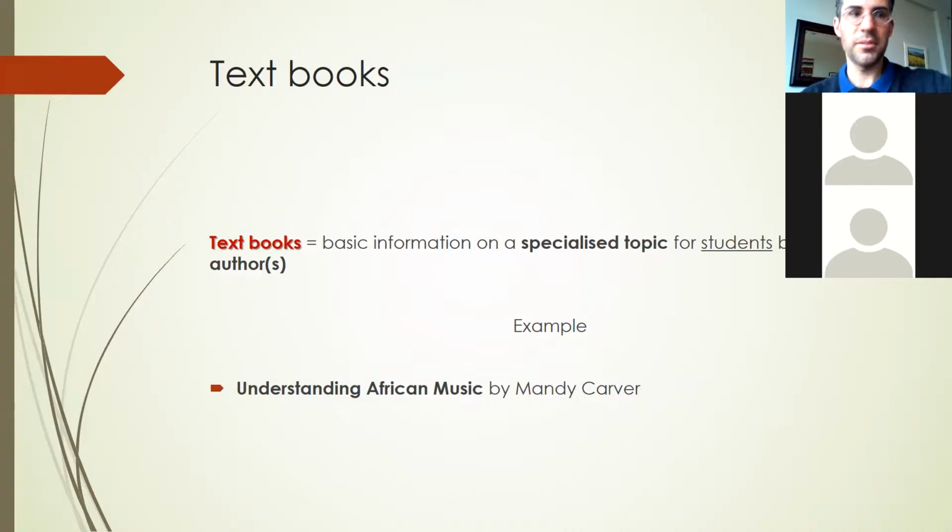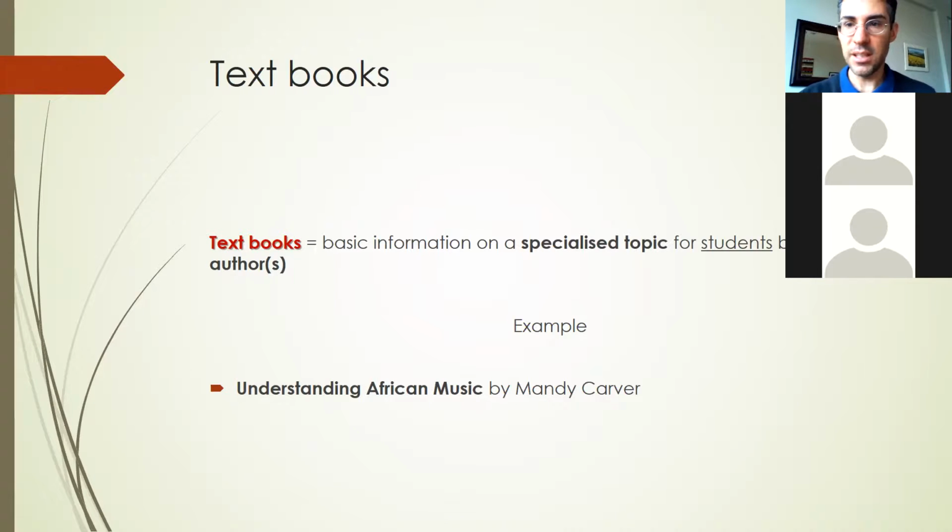Then you get textbooks. So here is a music textbook. This is a much more general book. This is called A History of Western Music. Okay, and this is specifically for students. It looks at Western music from a very broad perspective to give all students an introduction to that topic.